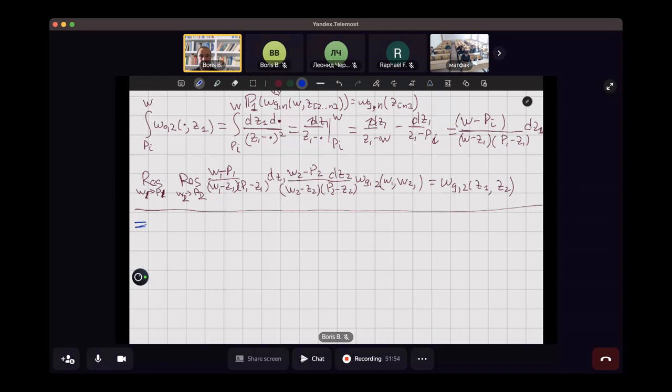These integrals of omega 0 2, dot, z1, omega gn of w, z2n, plus of sigma, plus the same.